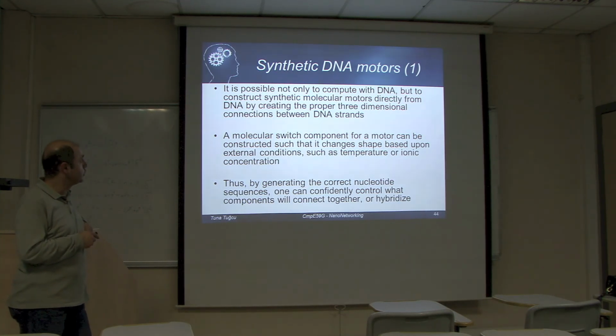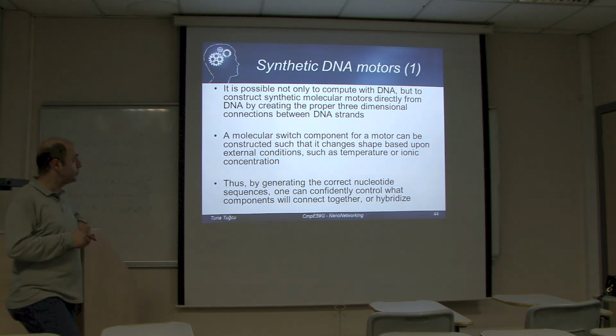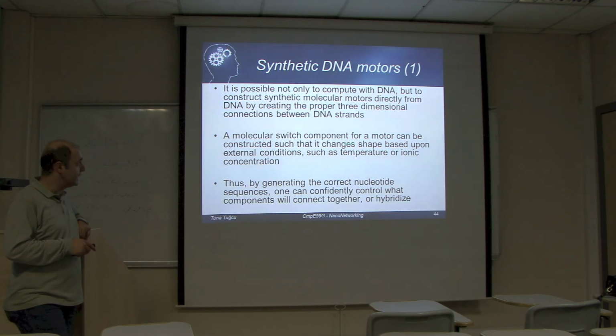But it's also possible to construct synthetic molecular motors directly from DNA by creating the proper three-dimensional connections between the DNA strands. So a molecular switch component for a motor can be constructed such that it changes shape based upon external conditions, such as temperature or the ionic concentration. By generating the correct nucleotide sequences, you can confidently control what components will connect together or hybridize.